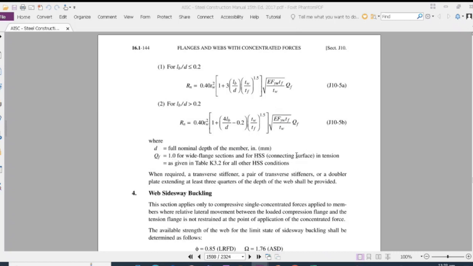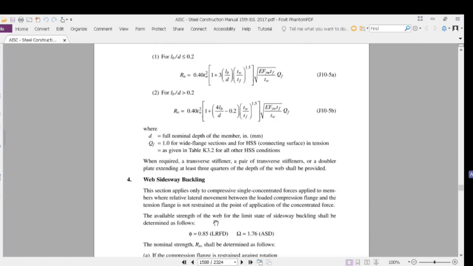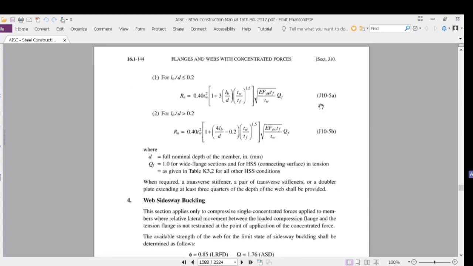In the case of web crippling, when the concentrated compressive force is applied at a distance from the member end that is less than d by 2, then we can use the expressions in J10-5A and J10-5B.